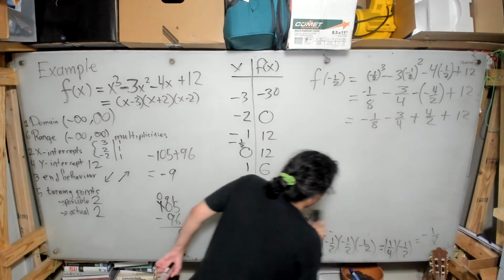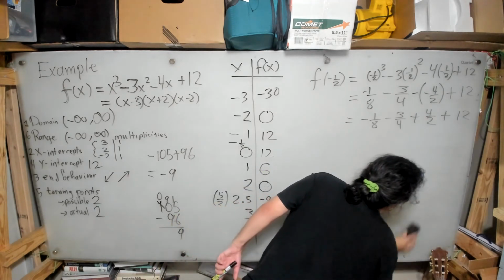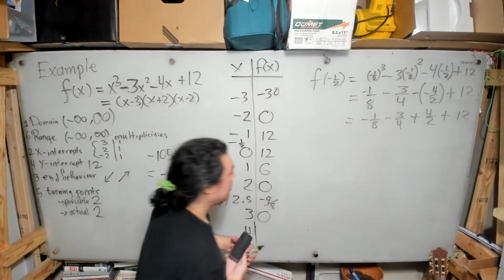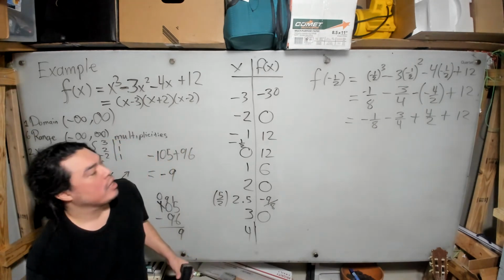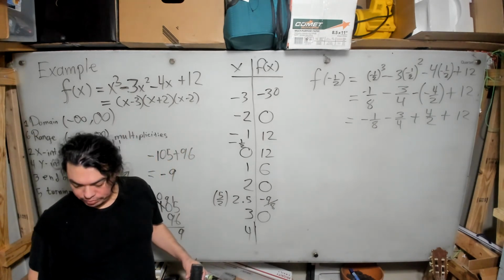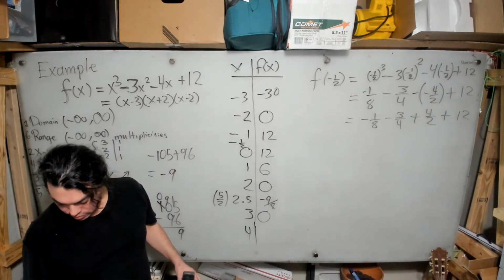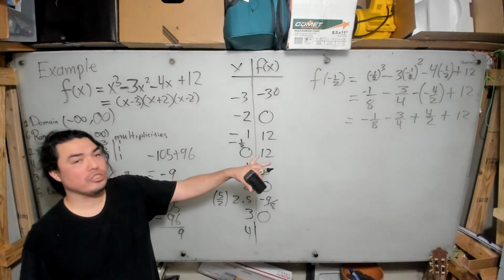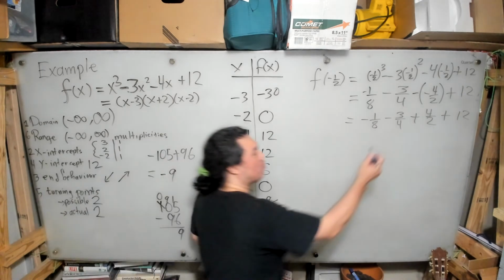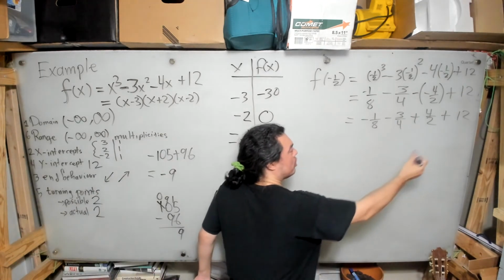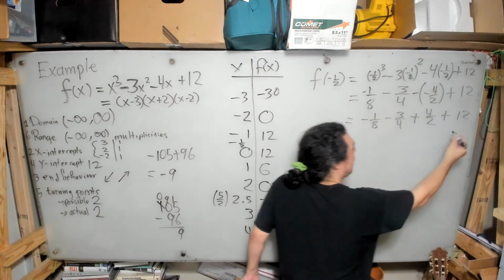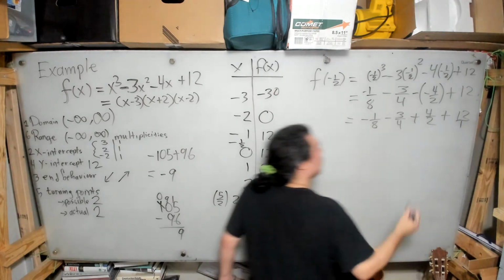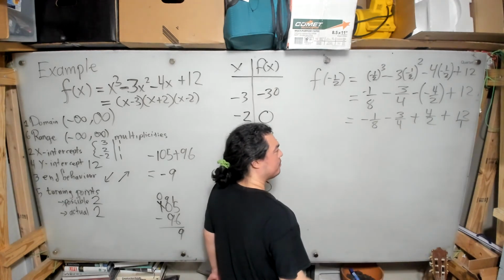So now I want to perform this calculation, but in order to do so, I need to put them all over the same denominator. In this case, I'm going to select the denominator to be 8. So I'm going to have to multiply the top and bottom of this one by 2, the top and bottom of this one by 4, and if I see the 12 as 12 over 1, the top and the bottom by 8.